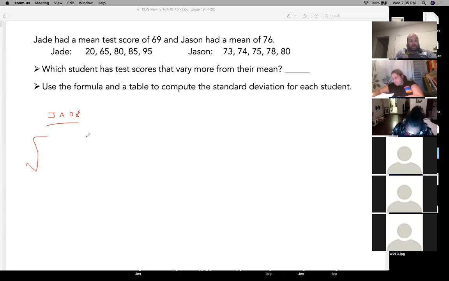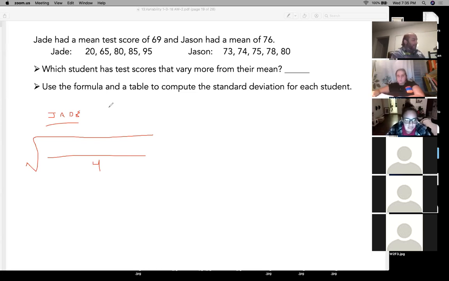So let's do it for Jade. It's going to be the square root. And I already know the bottom. What's the bottom going to be? 5 minus 1, which is 4. There's 5 data points, right? So that's 5 minus 1 is 4, correct?